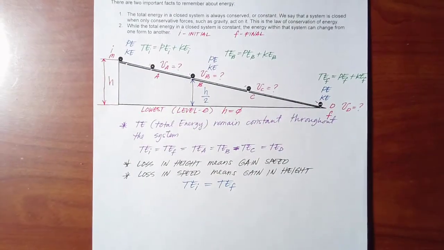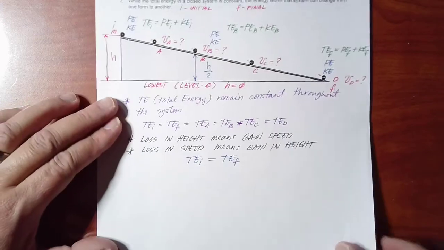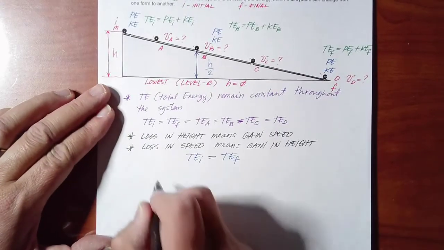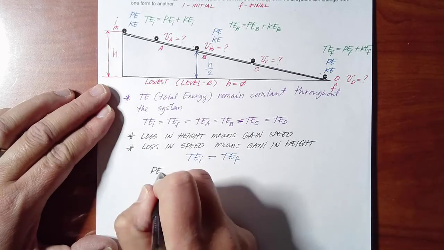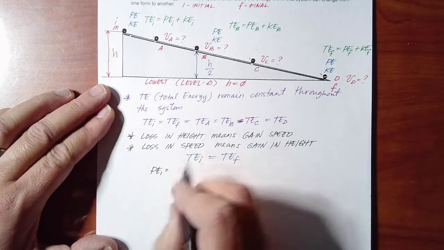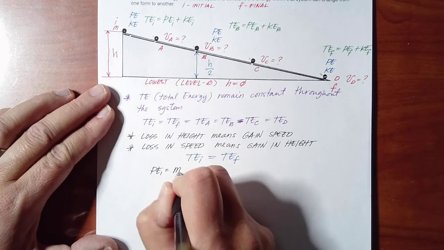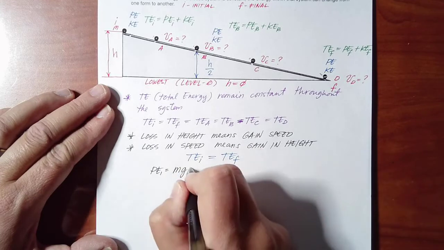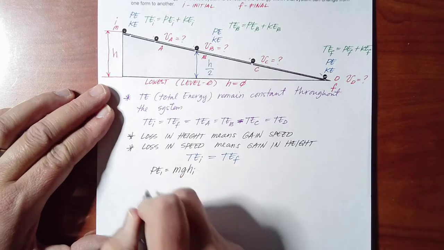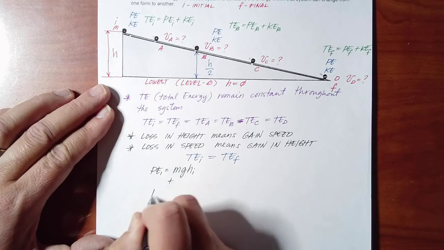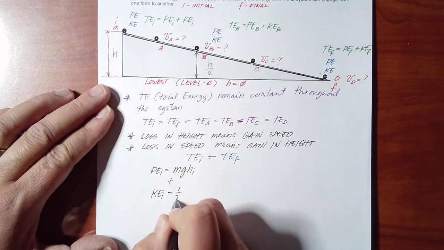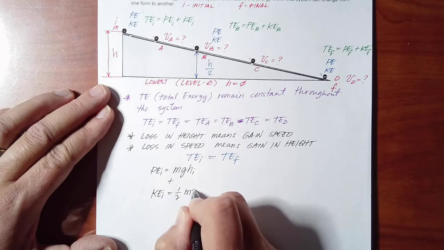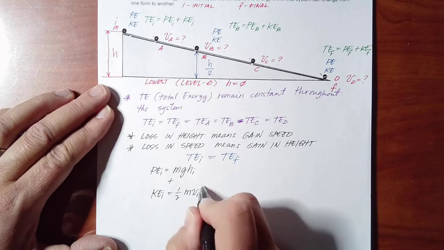So what does it mean? This means that the potential energy initial, which is equivalent to mg times height initial, plus the kinetic energy initial, which is 1/2 m vi squared.